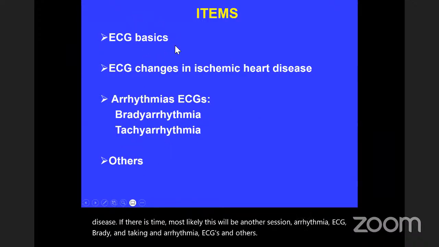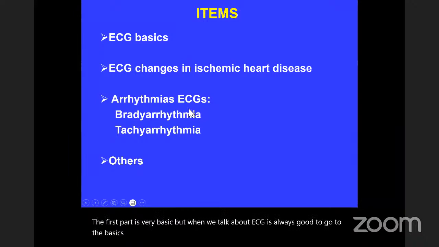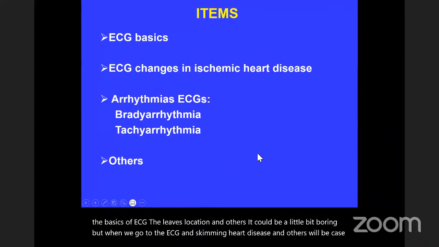The first part is very basic, but when we talk about ECG, it's always good to go to the basics and make sure that everybody remembers what the ECG is, the leads location and others. It could be a little bit boring, but when we go to the ECG in ischemic heart disease and others, it will be case-based and inshallah more interactive.